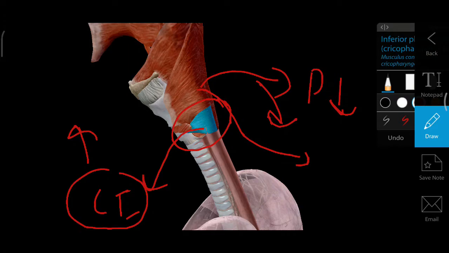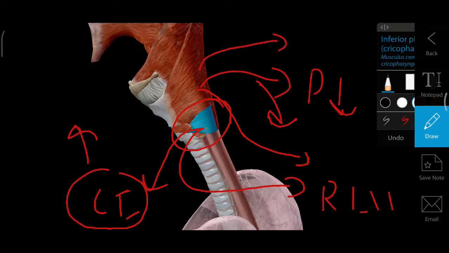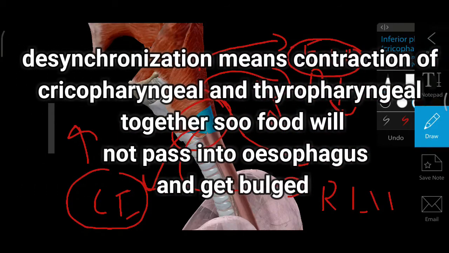So as I told you, this cricopharyngeus muscle is supplied by the recurrent laryngeal nerve, and this thyropharyngeus muscle is supplied by the external laryngeal nerve. If there is any cause of desynchronization between the external laryngeal nerve and the recurrent laryngeal nerve, what is going to happen?